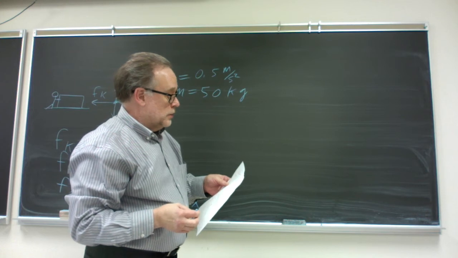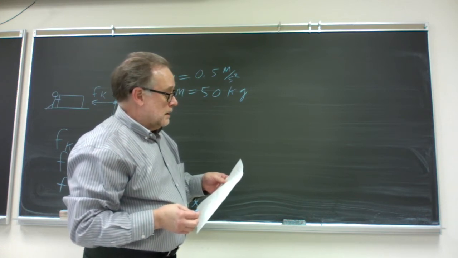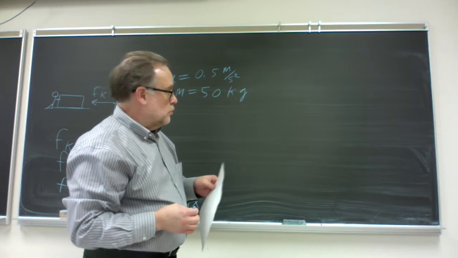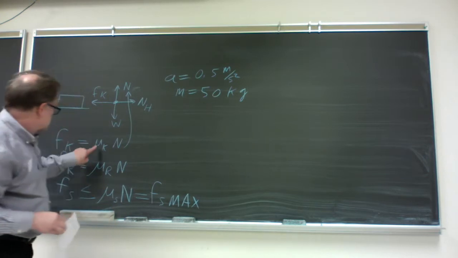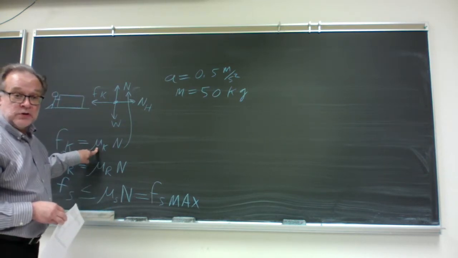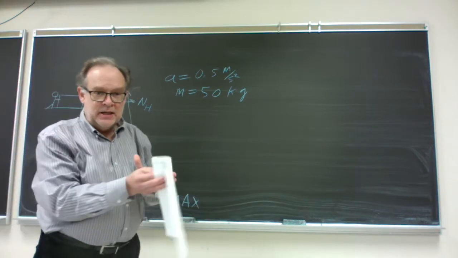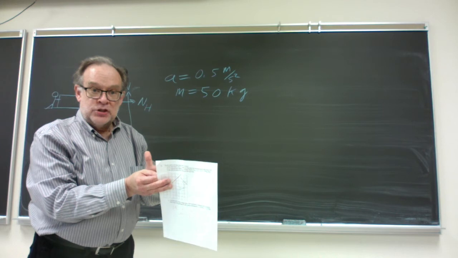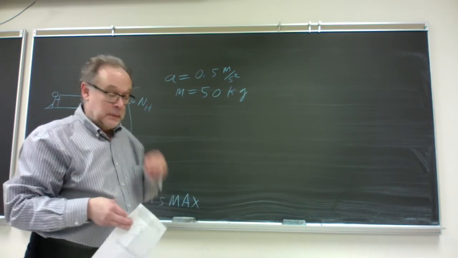And let's see, what else do we know here? Yeah, that's all we need to know in order to figure out what the coefficient of friction actually is for this situation, or to put it another way, how much does the bottom of the crate stick to the floor?